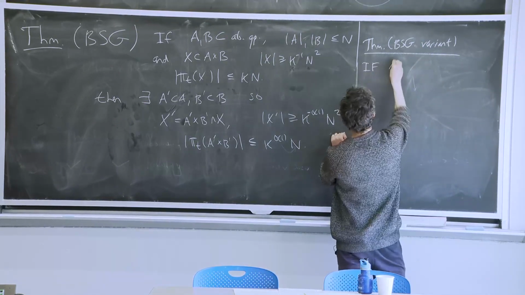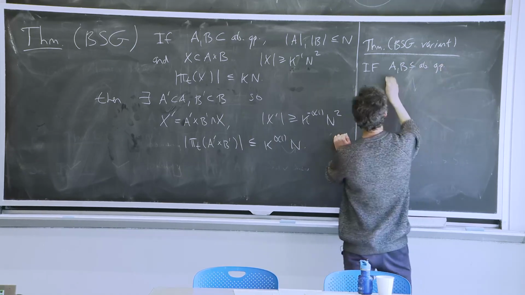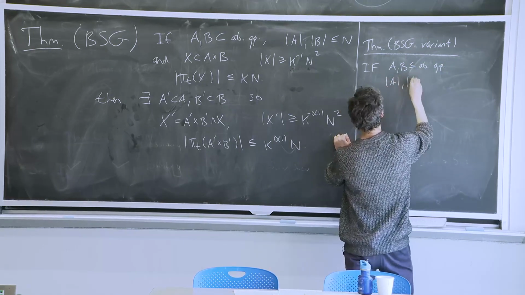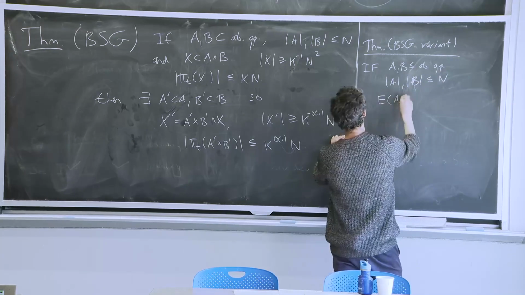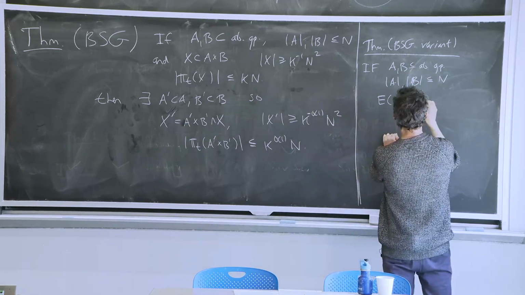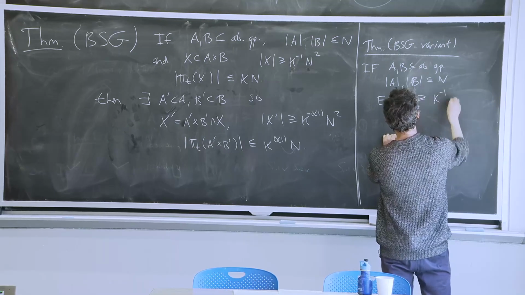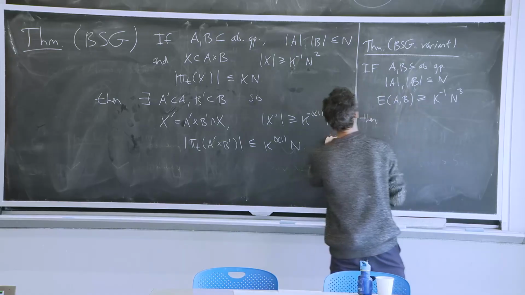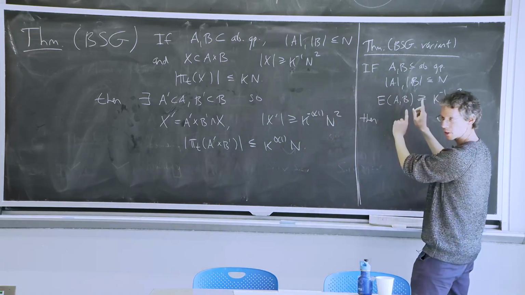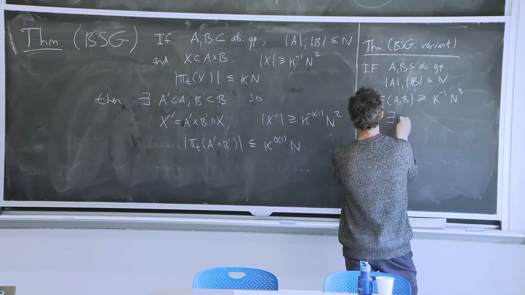So if A and B are in an abelian group, and let's say A and B have size at most n, and the energy of A, B is greater than K inverse n cubed, then it may not be the case that A plus B is small because of the example with garbage, but we can get rid of the garbage.